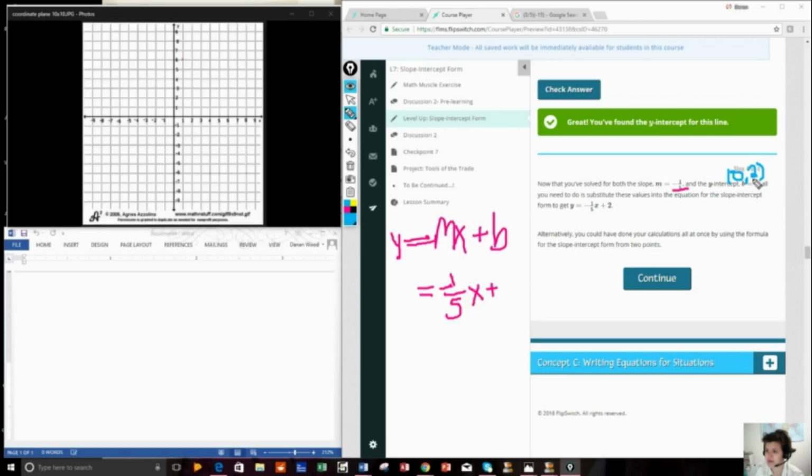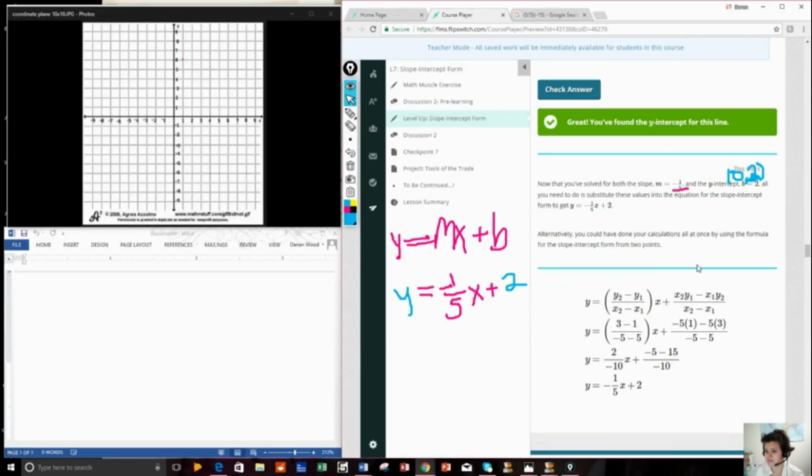The y value of your y-intercept coordinate is 2, so that is what you replace your b with. You don't have a y value or an x value that is arbitrary. We could have done that.